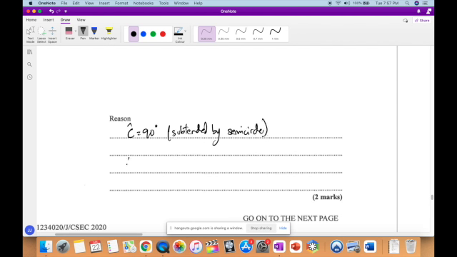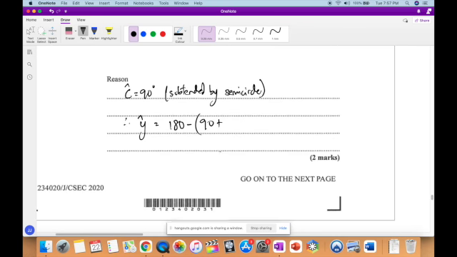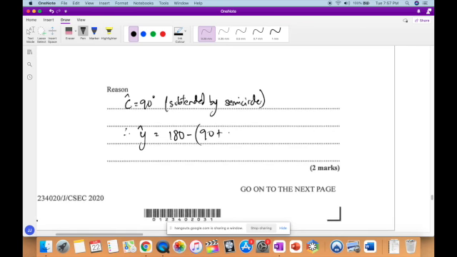So therefore, angle Y will be equal to 180 minus 90 plus, what was the other one? 49 degrees. 49.